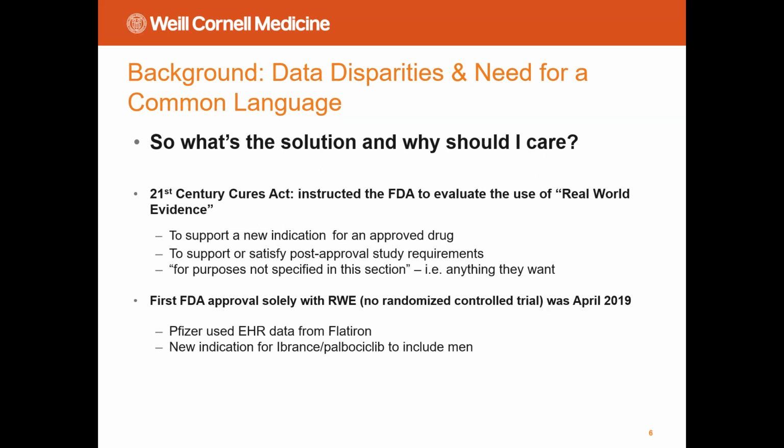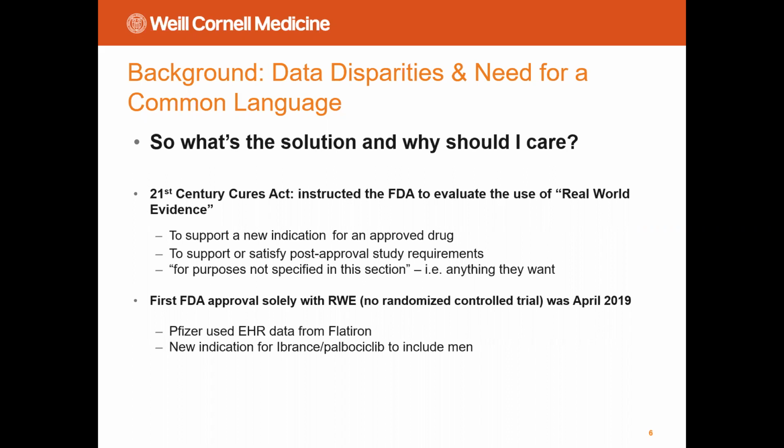And in April of 2019, this saw a real sea change moment in the world of clinical research, in that Ibrance, or palbociclib, was issued an approval from the FDA for use in men with breast cancer. In the past, men with breast cancer were treated with drugs on an off-label basis. There was no official FDA approved drug for men with breast cancer.